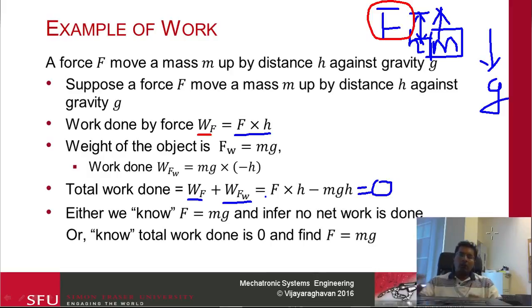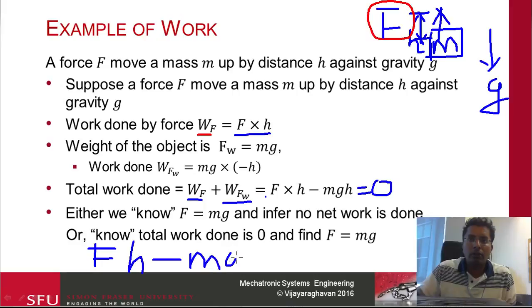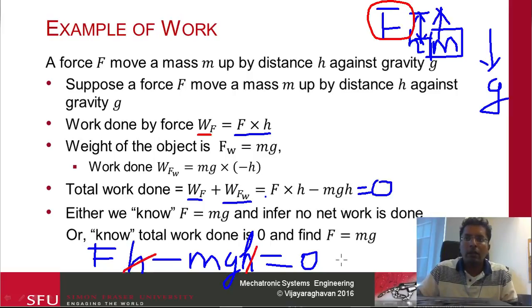So then we can say, I don't know if these two are actually equal, so what I'm going to do is equate this to 0. That's the second thing we do. We say F times h minus mgh equals 0, and then I cancel this h term and conclude that F is mg.